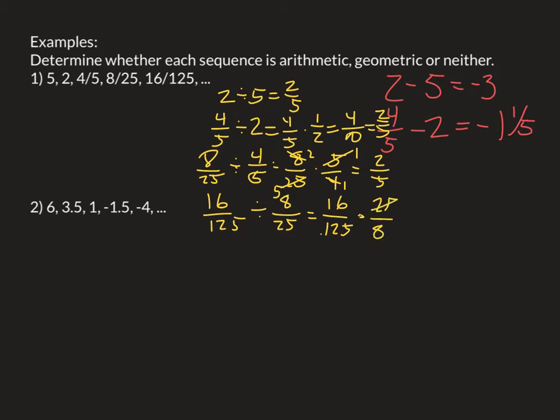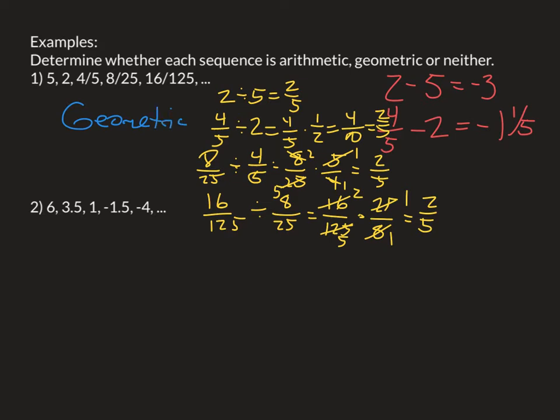The 25 and the 125, we can take a 25 out of both of them. 125 divided by 25 is 5. We can take an 8 out of both 16 and 8. And so again, we are left with a 2 on top, a 5 on bottom, 2/5. So each of these has a common ratio of 2/5. That means our sequence here is geometric.